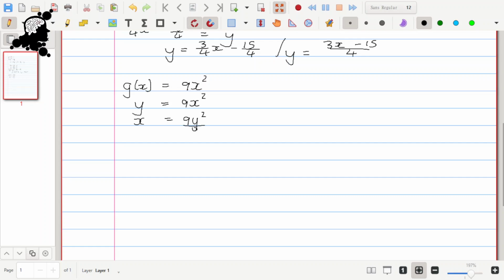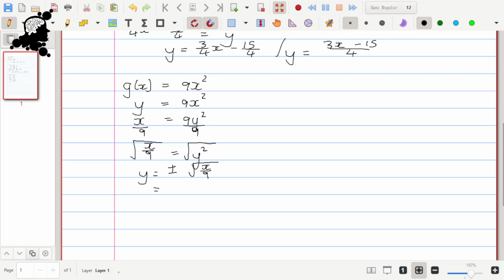Next, I can divide both sides by 9 so that I make sure that the coefficient of y squared is 1. So this is going to be y squared and this is x over 9. Because I'm looking for y, I need to find the square root here and I need to find the square root there. I'm going to get y is equal to plus or minus, please take note of this, the square root of x over 9.